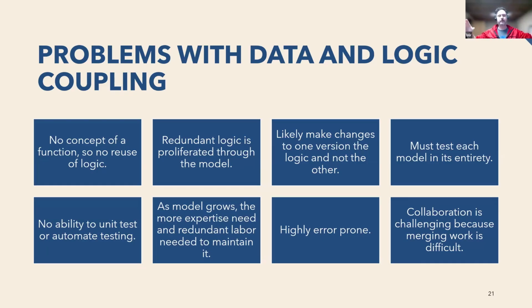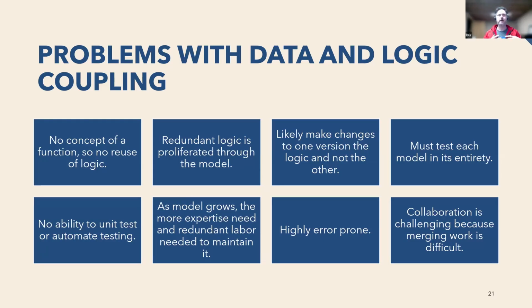Because everything is tightly coupled together, you can only do end-to-end testing. With redundant code, you might think, well, I tested how that vol variable worked. Well, no, you tested one of them, but you didn't go down the branches of the other. So it becomes very hard to understand what this is doing, and it becomes highly error prone.